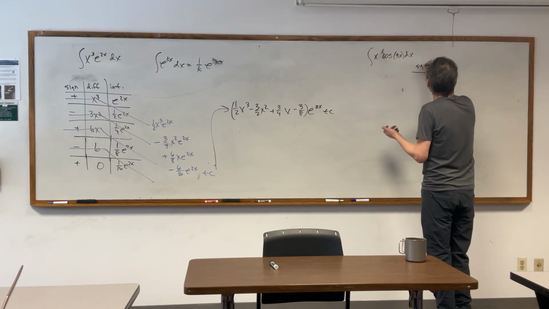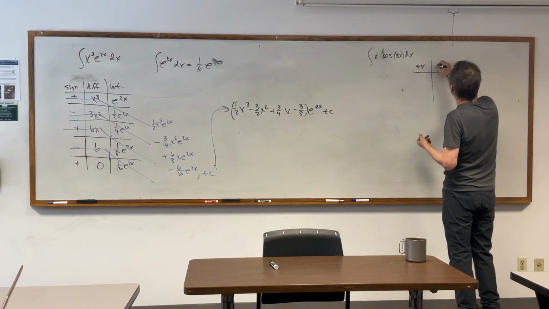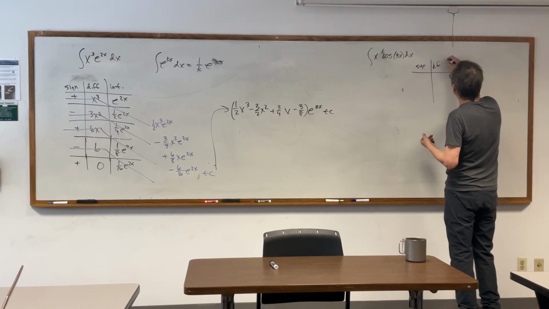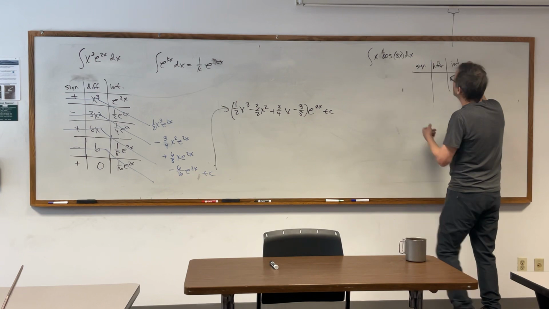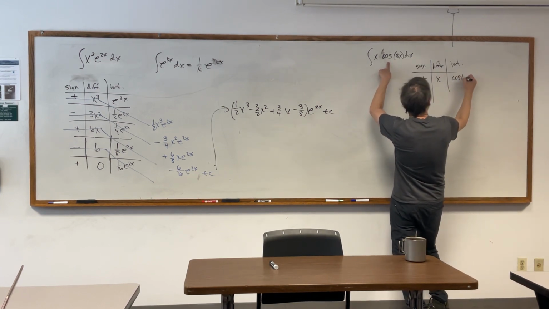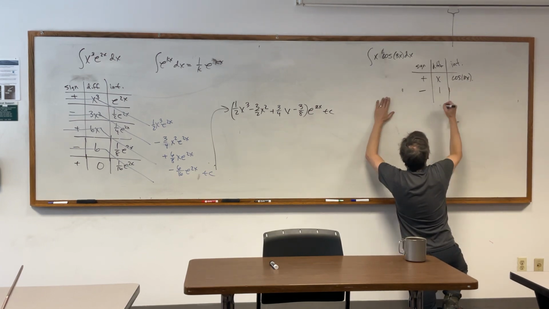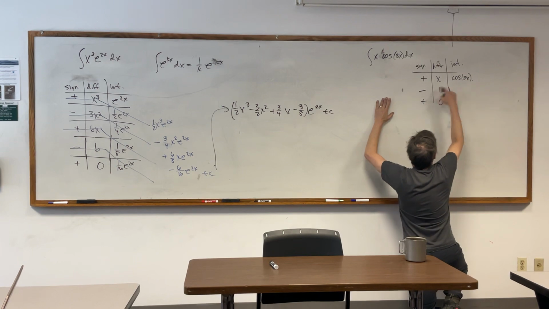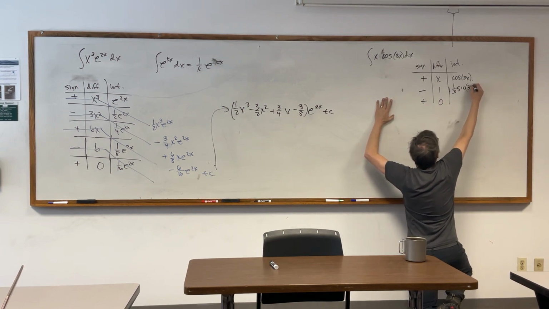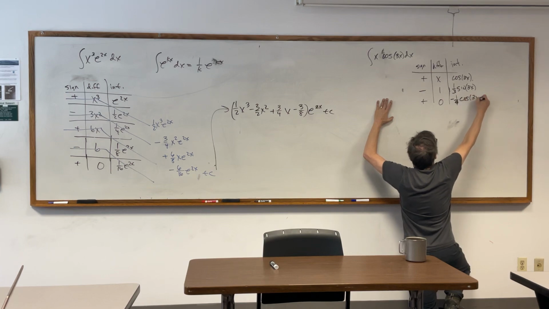So we've got the sine. It almost takes longer to write this whole table out than to do parts, but this is my diff, this is my int. So I put x here, I put cos 3x here, and now I just populate. So 1, 0, and then this becomes 1/3 sine of 3x. See how nice it is to know that form? 1/9 cos 3x.